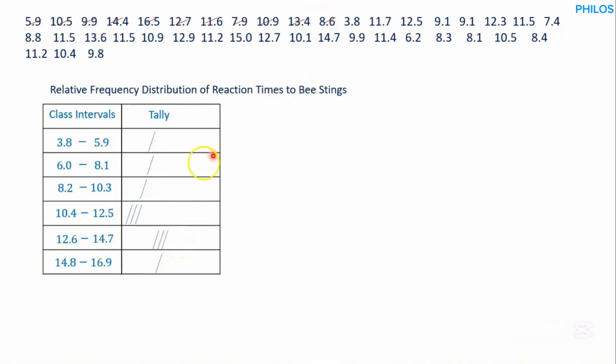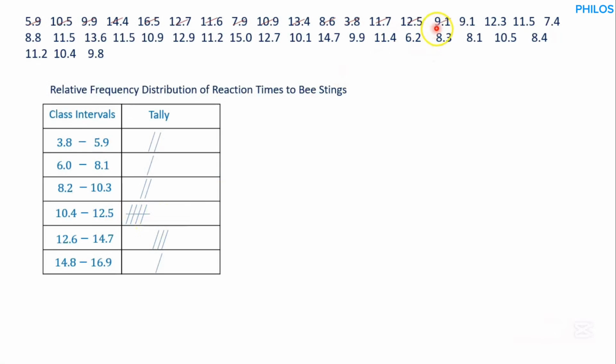Then 8.6 will be in this class. Then 11.7 will be in the fourth class. Then 12.5 will also be in this class, but it's the fifth one we will be taking, so you use it to cross the previous 4. That's how you do it.